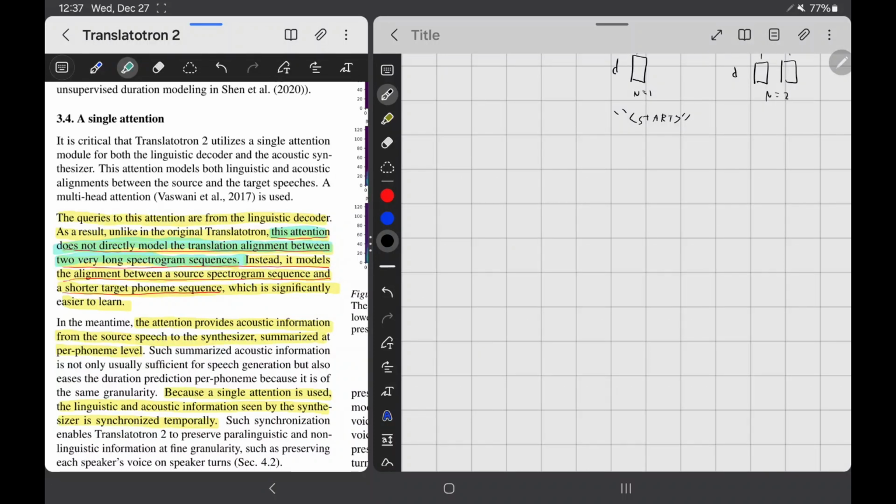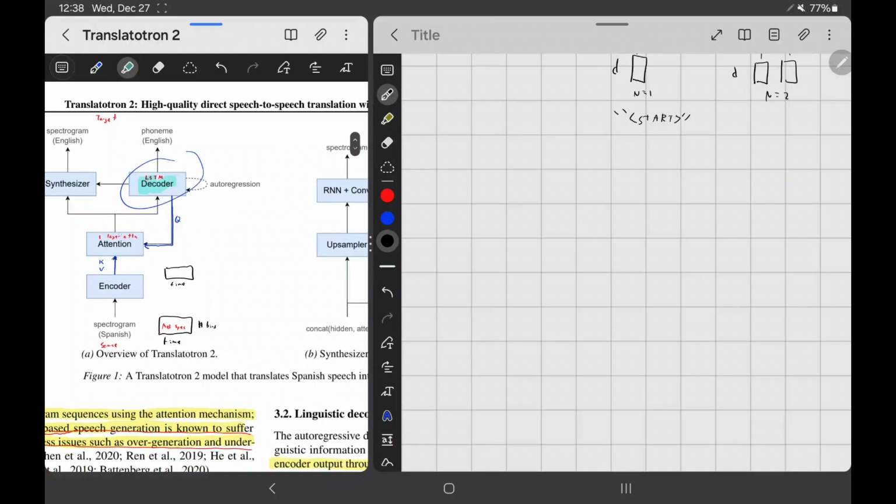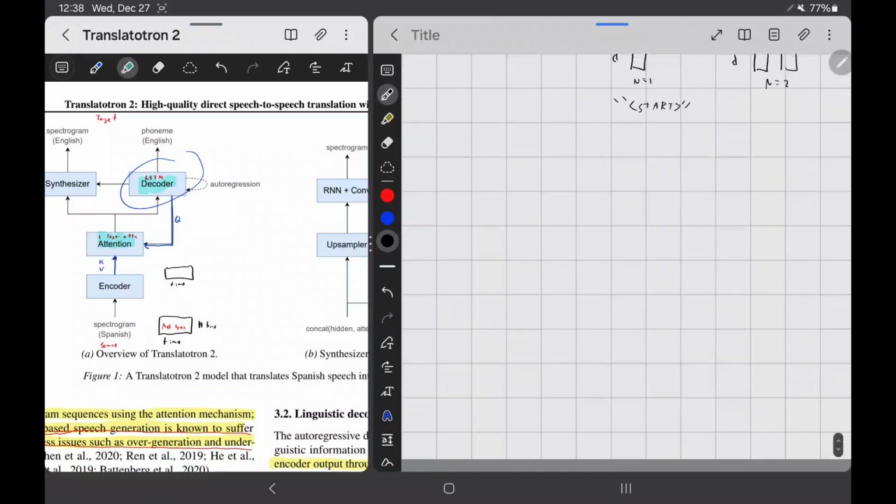So you're not modeling attention between 2 spectrograms, which is a problem I think they had in Translatotron 1. Instead, it models the alignment between a source spectrogram sequence and a shorter target phoneme sequence. They basically wanted to compress this a little bit, because you're modeling a phoneme sequence and a spectrogram as opposed to 2 really long spectrograms.